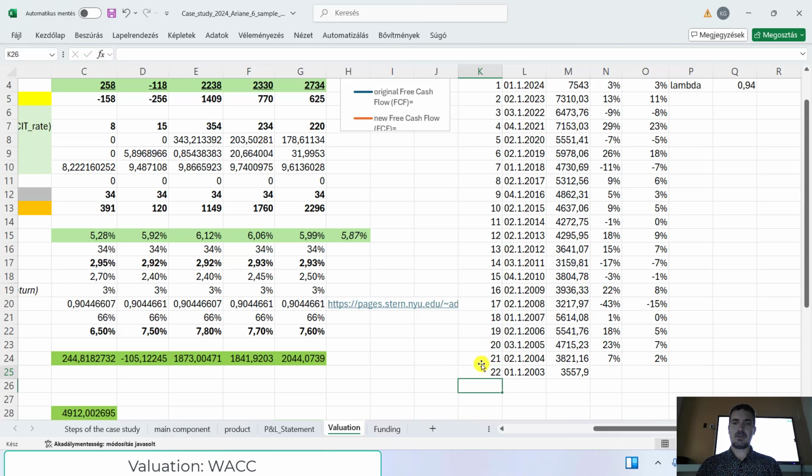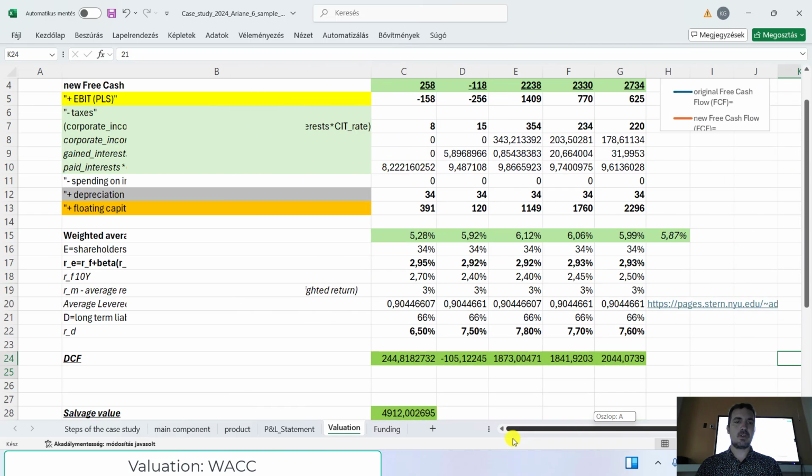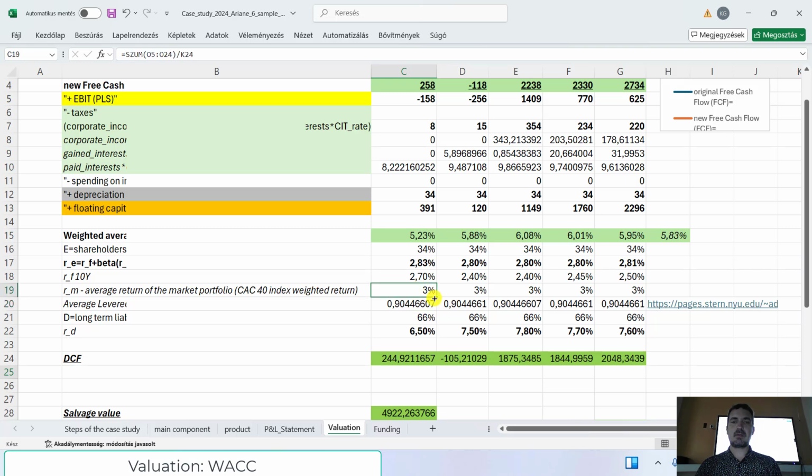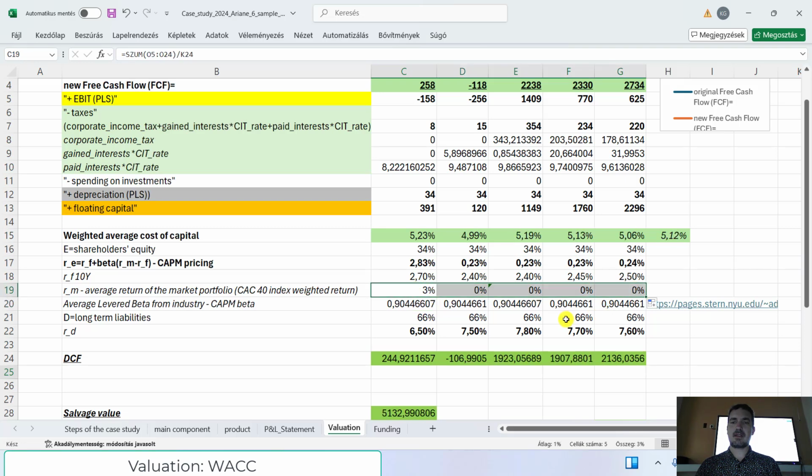Okay, this is 22. Okay, 29. So no, we have to move it downwards once. 24. It did not have much impact, but still. Yeah, no.